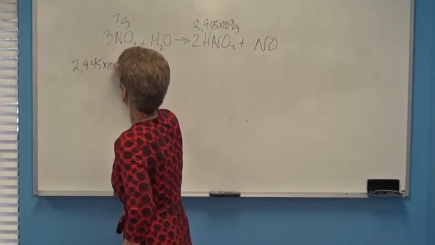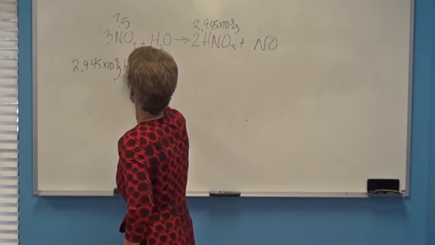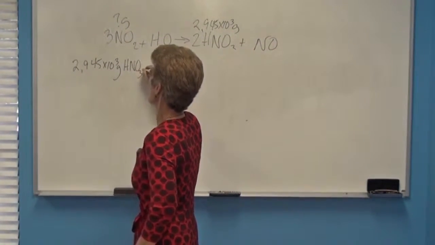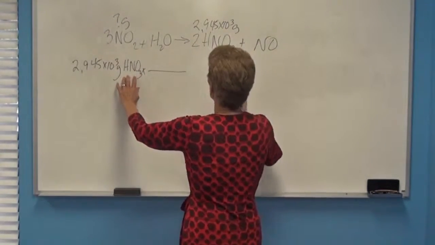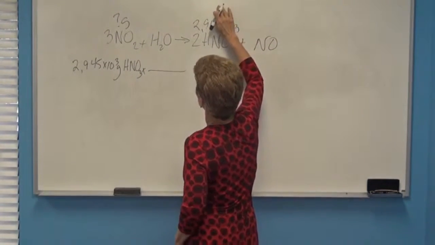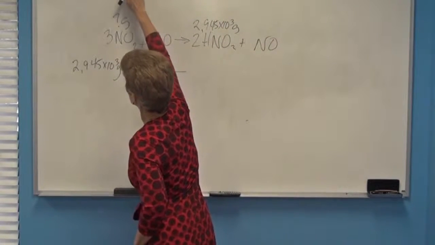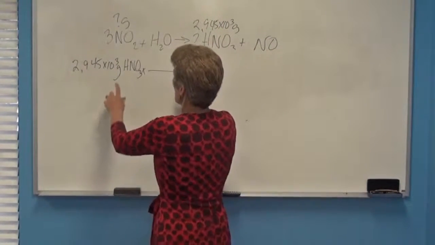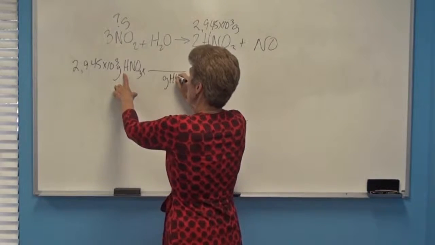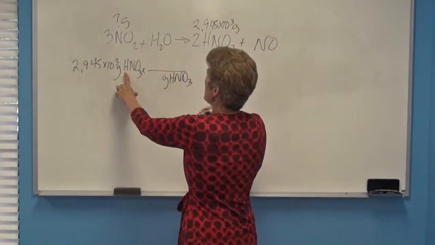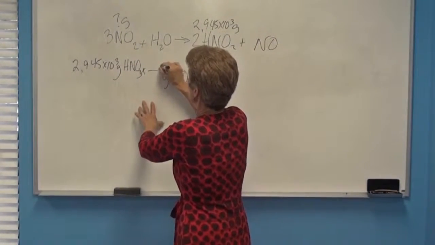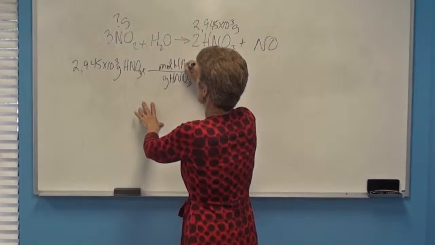2945 times 10 to the third grams HNO3 times line. Remember, we're going to have to go from grams to moles, across the mole bridge, and back to grams. If you just follow this, HNO3, now you have to go to the moles, and you can only go to the moles of the same thing.